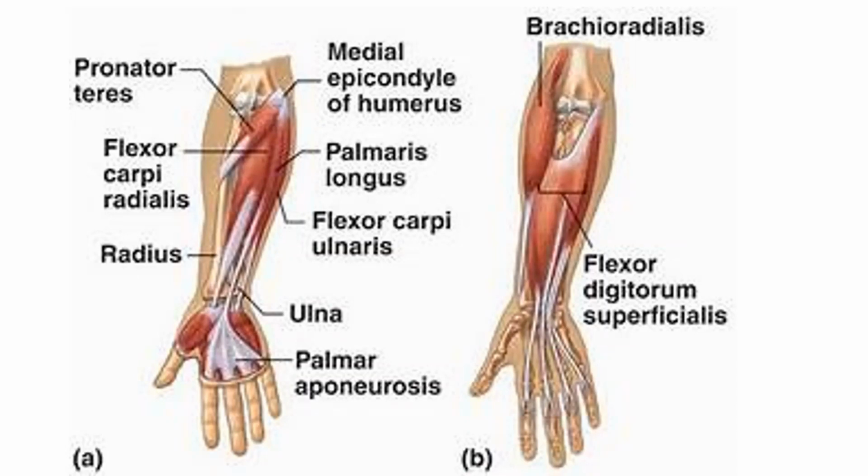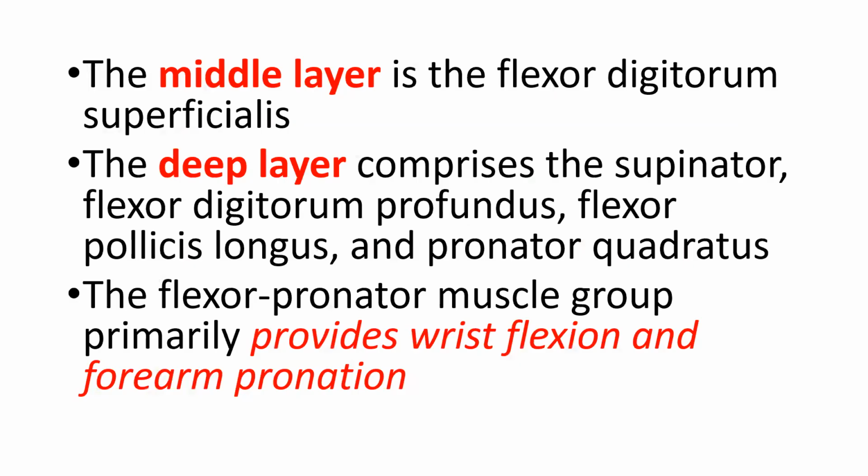These are the superficial structures. The middle layer is the flexor digitorum superficialis, and the deep layer comprises the supinator, the flexor digitorum profundus, the flexor pollicis longus, and the pronator quadratus.